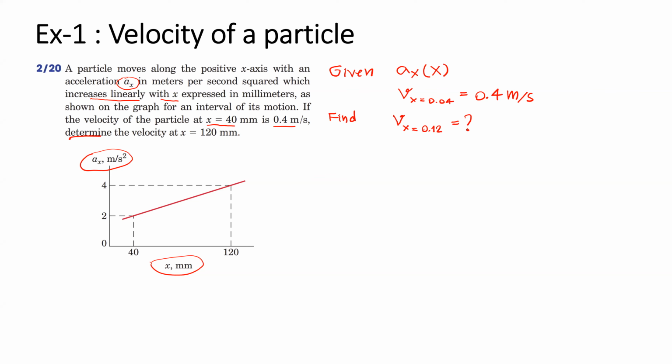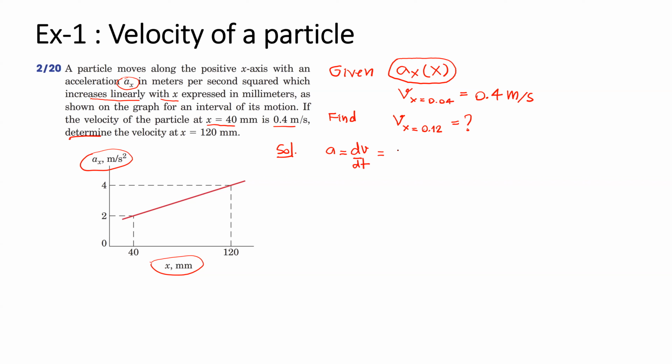So our solution: as I said, what the problem gives is the acceleration that changes against the displacement. So from the basic relationship, we know that acceleration is equal to dv by dt.